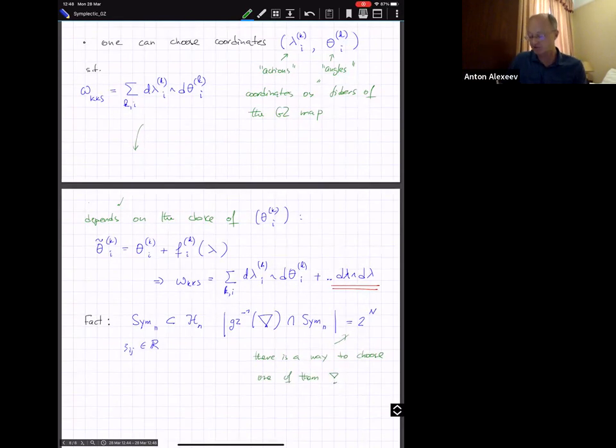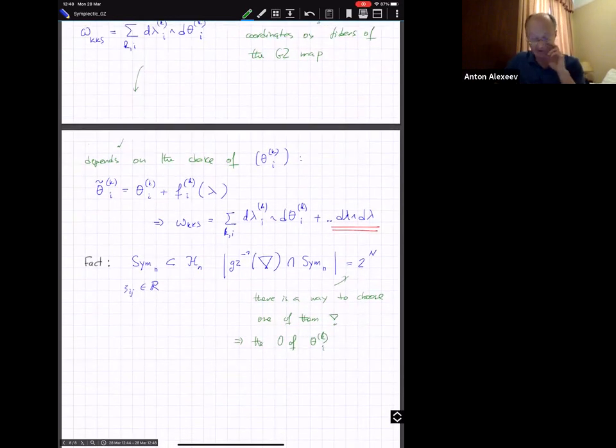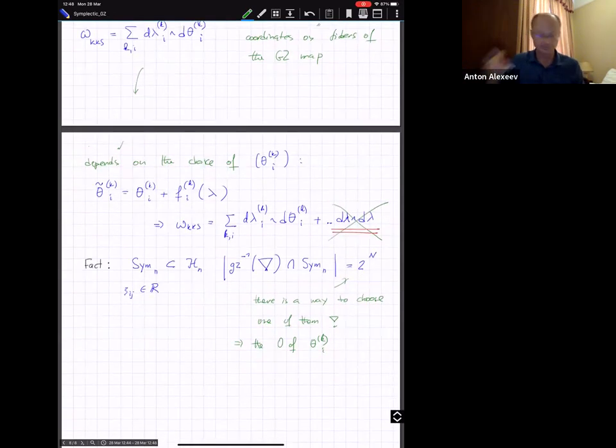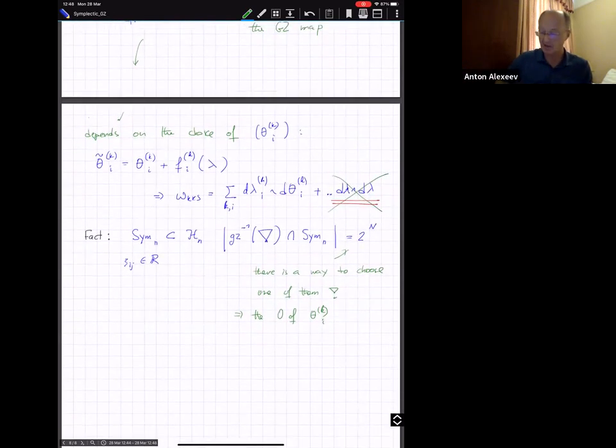That will be the zero of the corresponding theta variable, and then this garbage term will not be there, and we really get Darboux type coordinates.